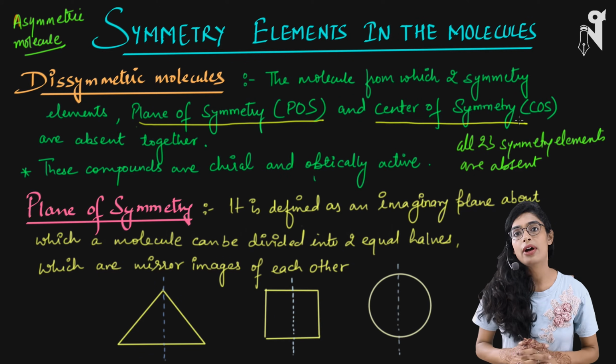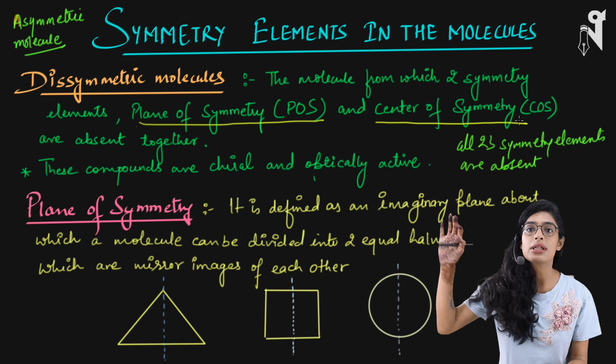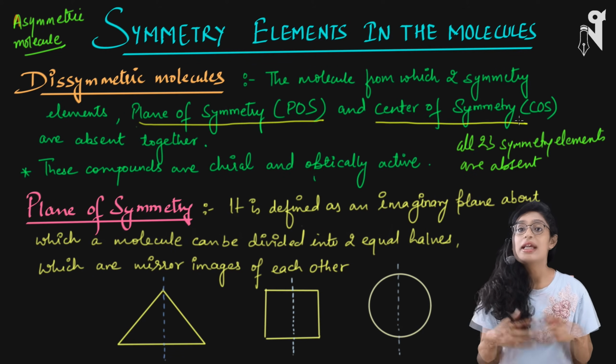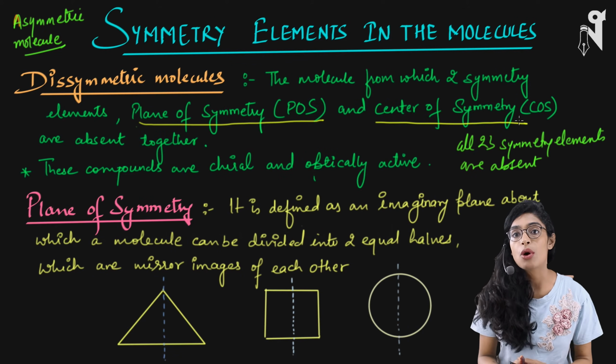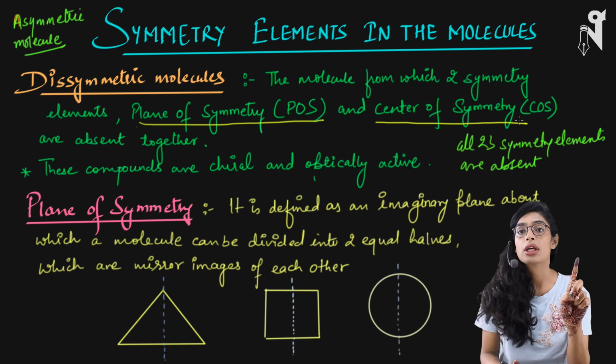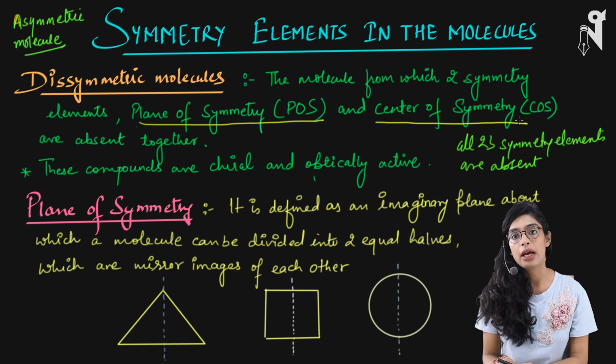Only these 2, if absent, make sure that the compound is chiral. There might be other symmetry elements present, but we are not going to deal with them. As I mentioned, the lesser the symmetry in your molecule, the more the chances of chirality. The mandatory condition is that these 2, plane of symmetry and center of symmetry, should be absent for a compound to be chiral.